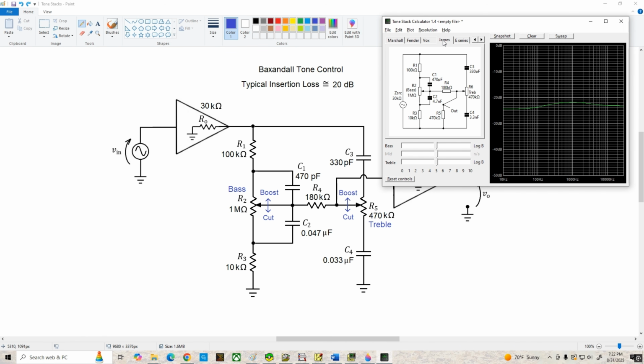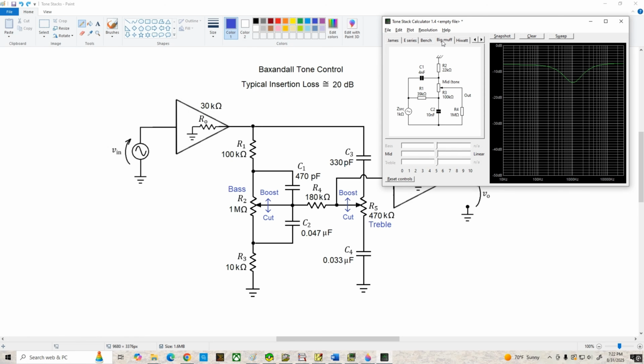Now, as far as this tone stack calculator goes, there are some more topologies on here that we haven't looked at yet. There's this E series, and if we move up, we've got a bench filter, and this one includes inductors. It's pretty complicated, but it's got good performance, very flat, much like the Baxandall, probably a little bit better because we do have inductors.